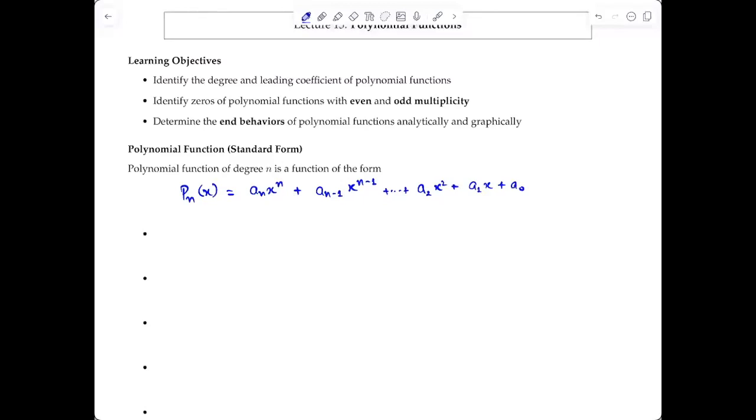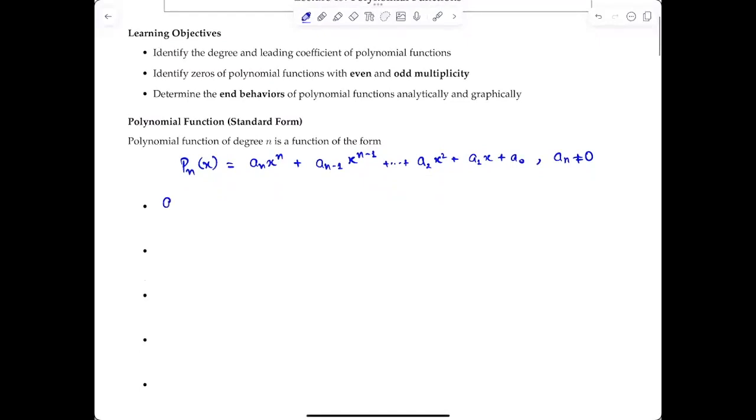But in order to say a polynomial function of degree n, you need to impose the condition that a sub n has to be different from 0. If a sub n is equal to 0, then the polynomial function becomes a polynomial function of lower degree.